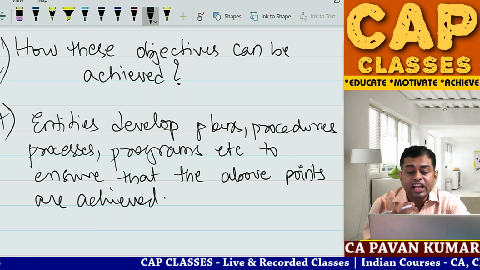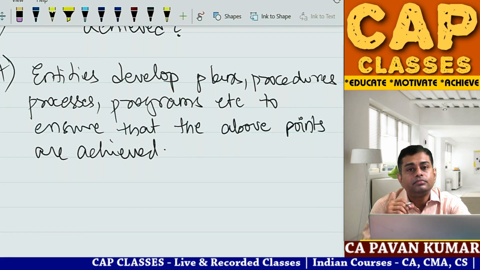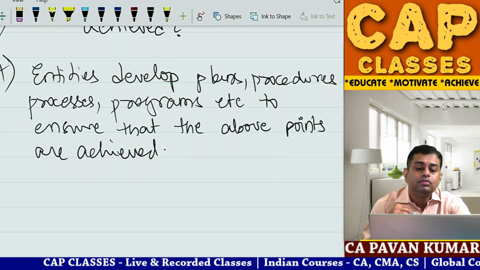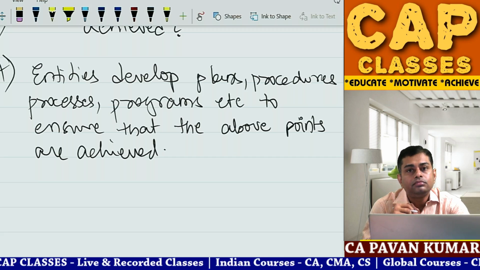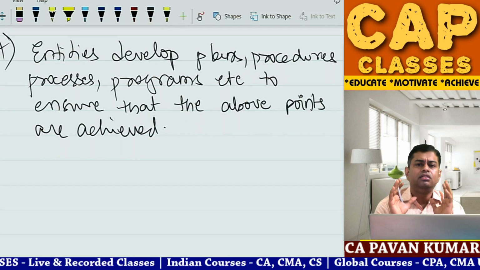Entities develop various plans, various processes, various programs to ensure that the above objectives are achieved. I'll tell you one simple plan.